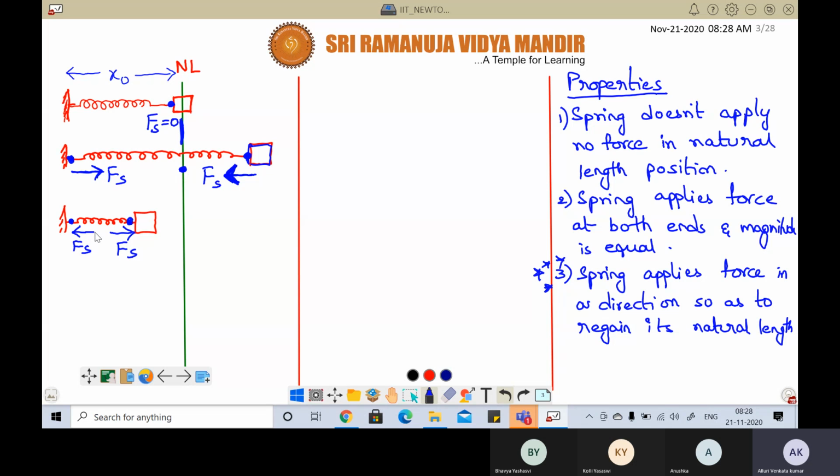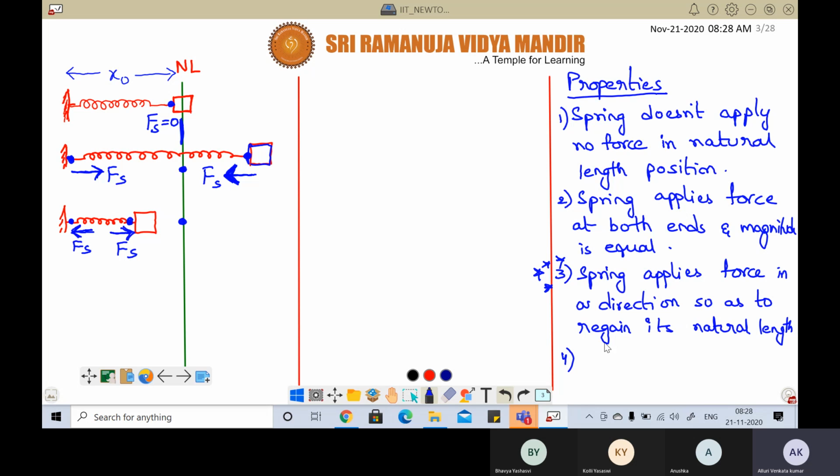Same way here also, when you compress the spring with the block and release it, natural length is here, so it wants to come this side. So it will come like this, and the other end will always be in the opposite direction. Are you understanding? So this property is very important. Spring applies force in a direction so as to regain its natural length. So the direction is over.